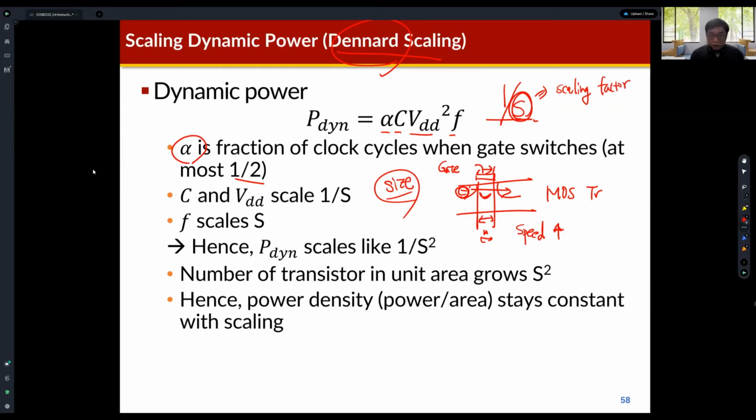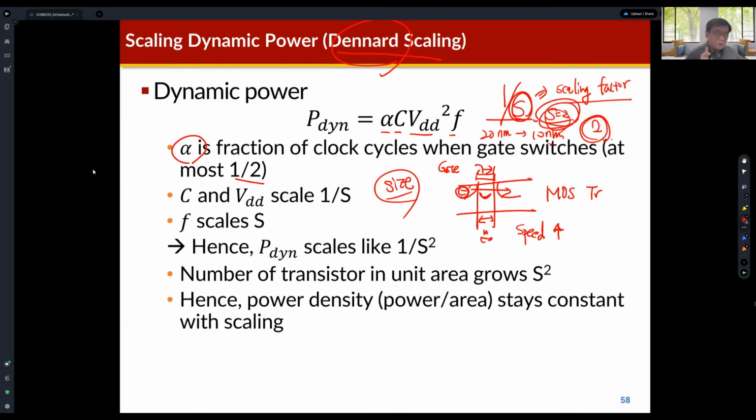So for example, if the technology node is reduced from 20 nanometer to 10 nanometer, then the scaling factor is 2. Which means the channel width of a transistor shrinks to half of the old technology. Okay. So in this case, the scaling factor S becomes 2.